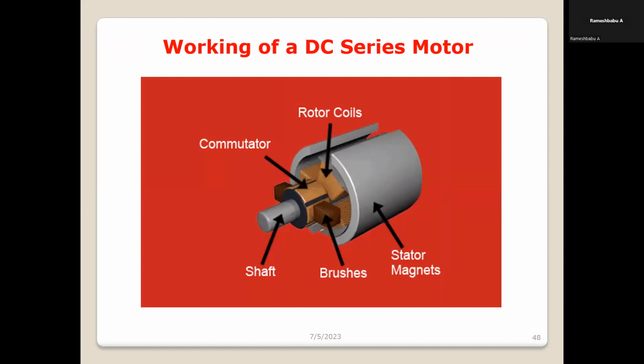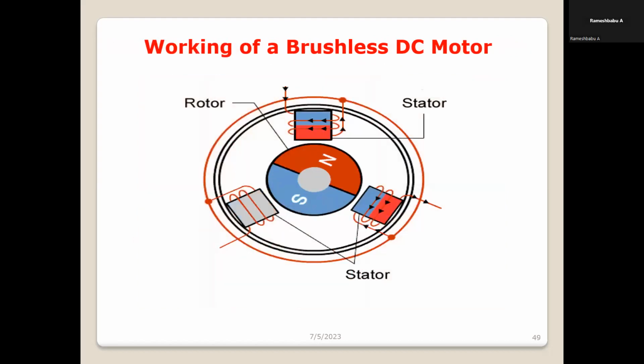Okay, so this is the DC series motor. Now the brushless DC motor is a special electrical machine, an electric motor that does not require consumable brushes and a commutator. It has low maintenance also.